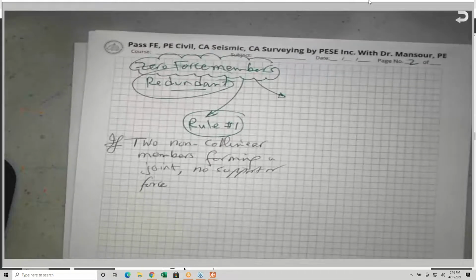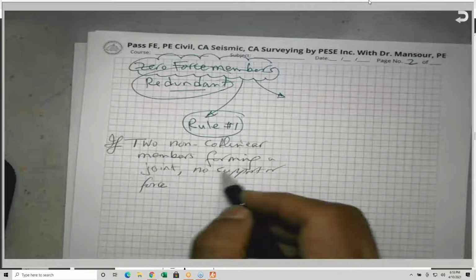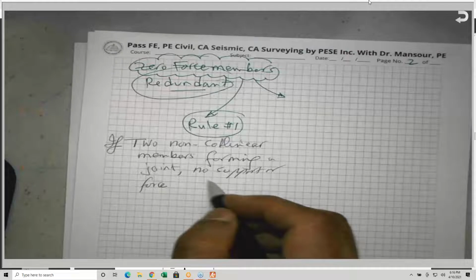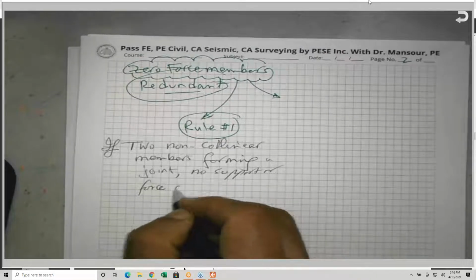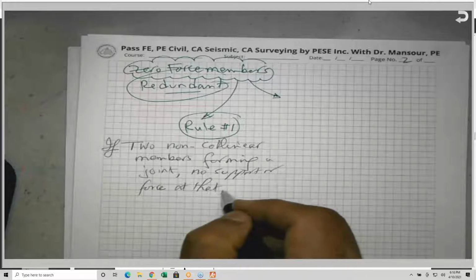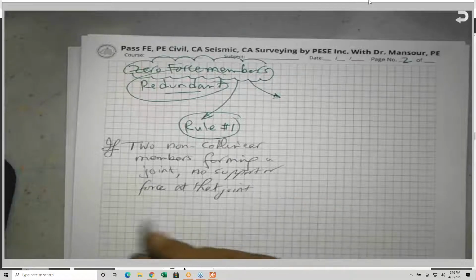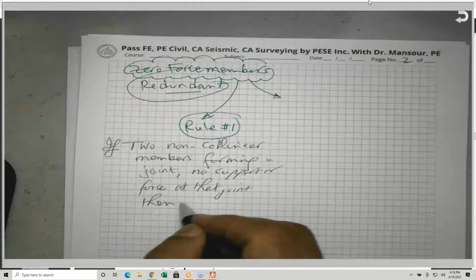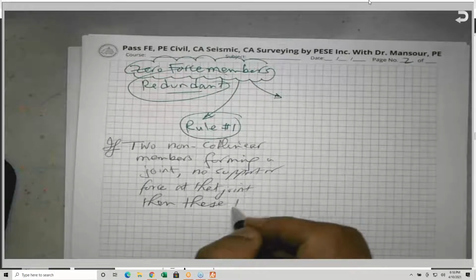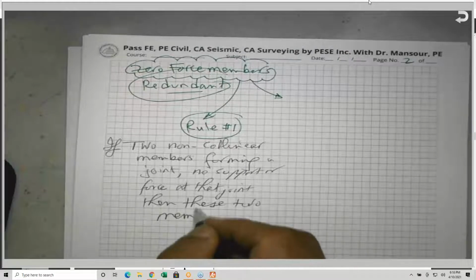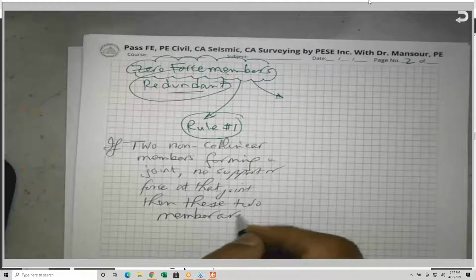at that joint, then these two members are zero force members.